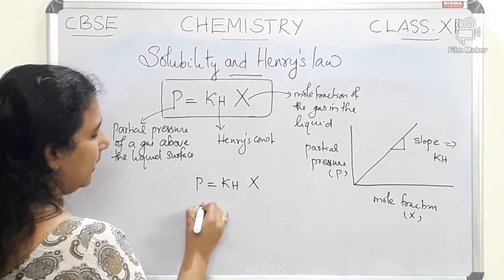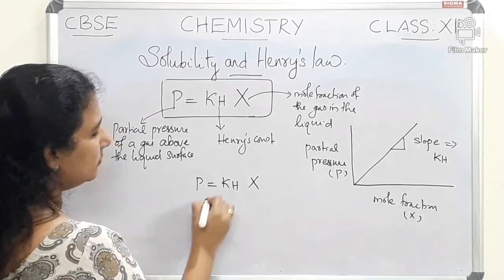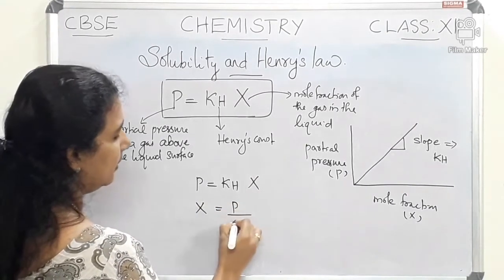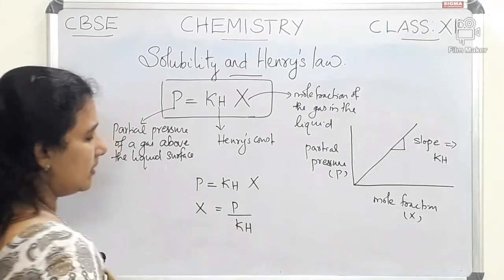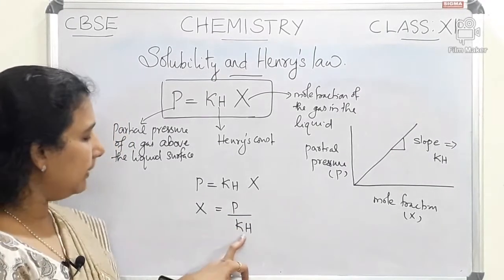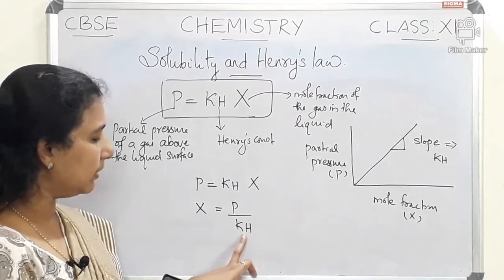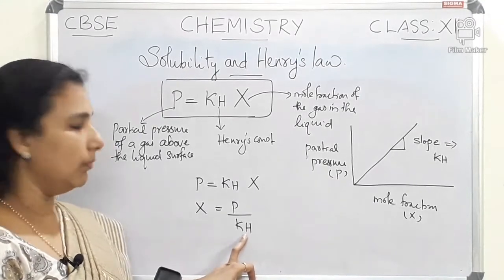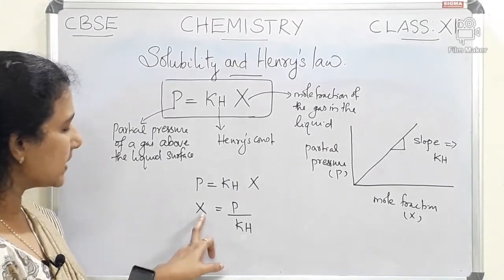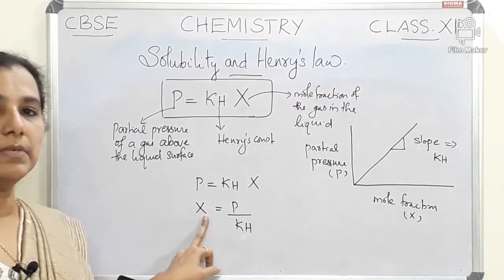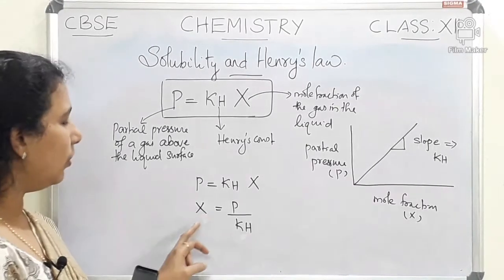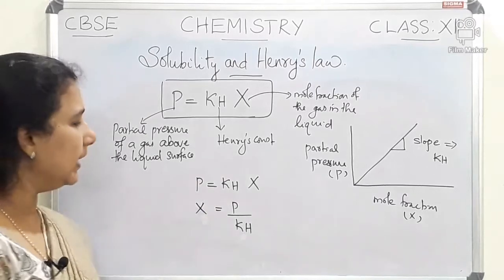So X is equal to P by Kh. If Kh is more in a particular case, we can say that X will be less. X will be less means the mole fraction will be less, or we can say the solubility will be less.